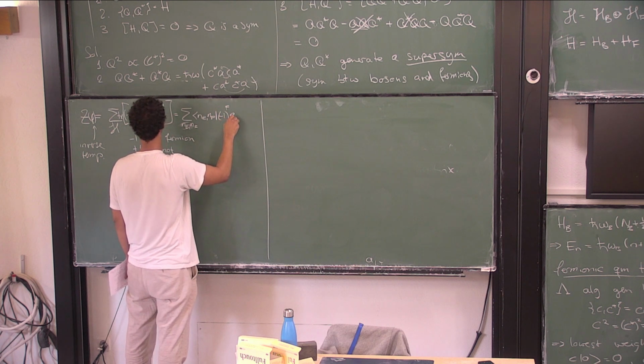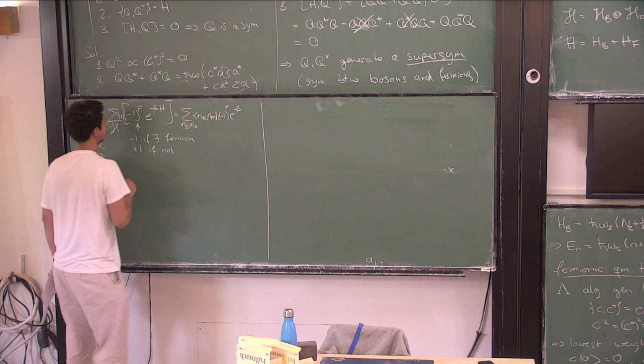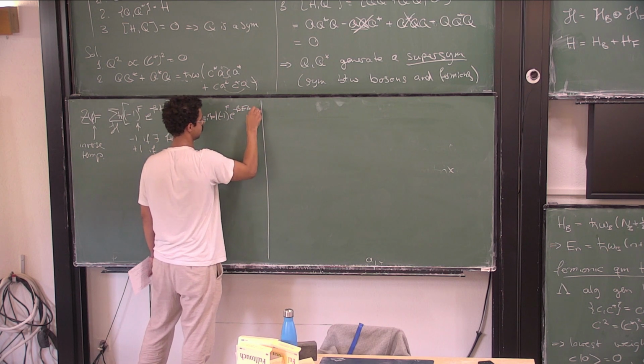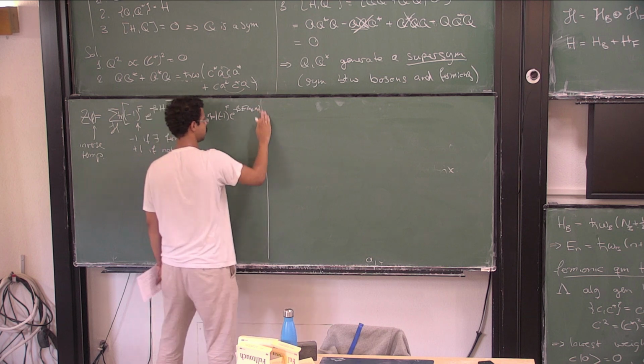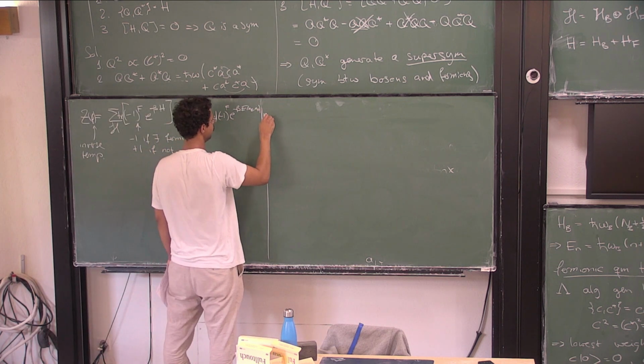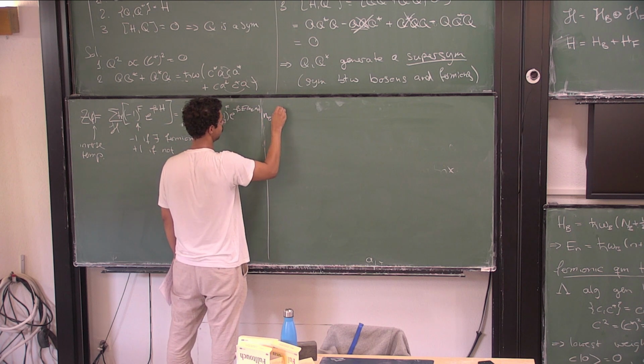Then in these spaces, the Hamiltonian is diagonal, so this will be just this guy, and then you have here NB and NF.